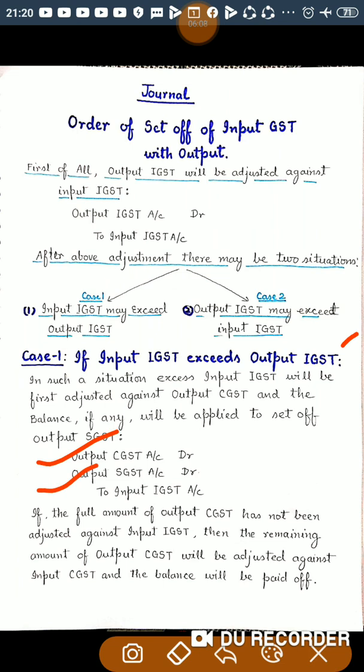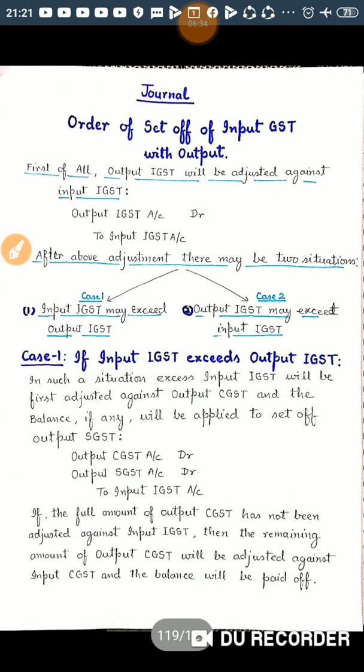After setting off this input IGST against output CGST and SGST, if the full amount of output CGST has not been adjusted against input IGST, then the remaining amount of output CGST will be adjusted against input CGST and the balance will be paid off.